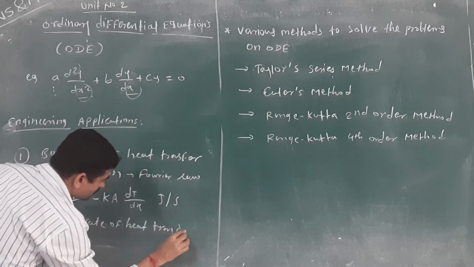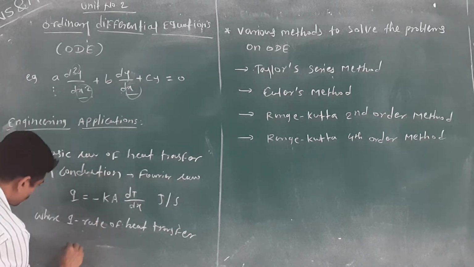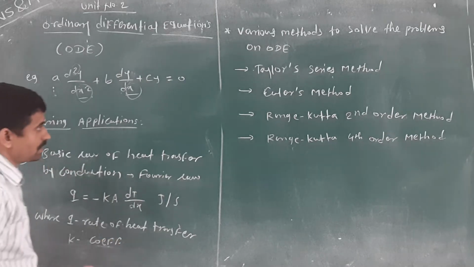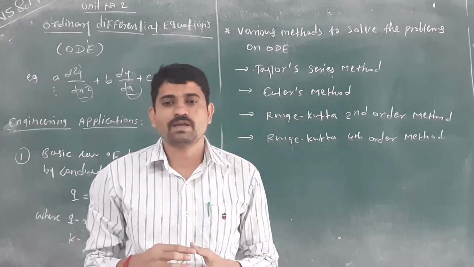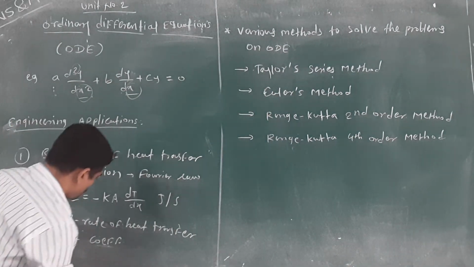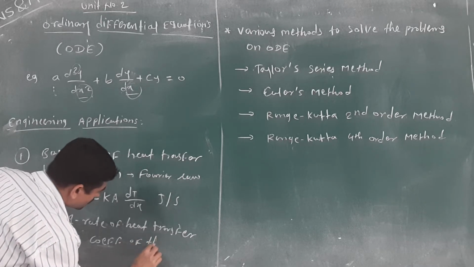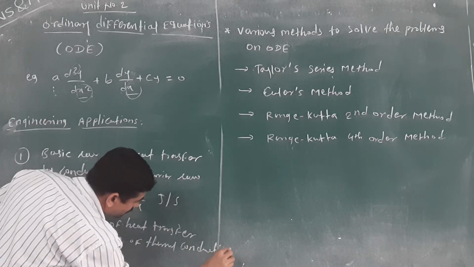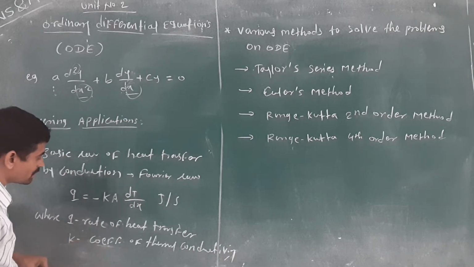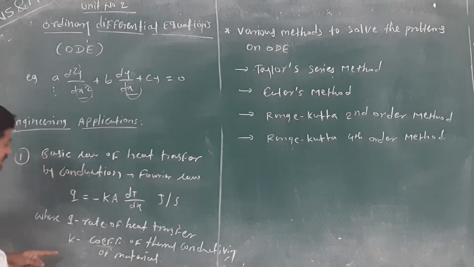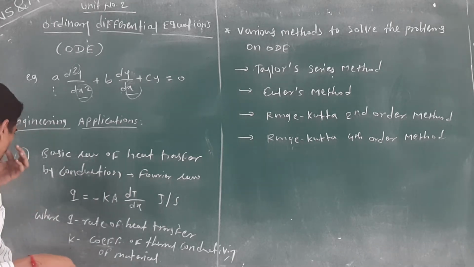What is k? k is the coefficient of thermal conductivity of the material. If the material changes, then the k value will change. All of you getting?